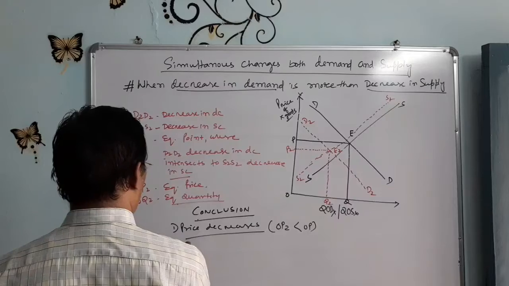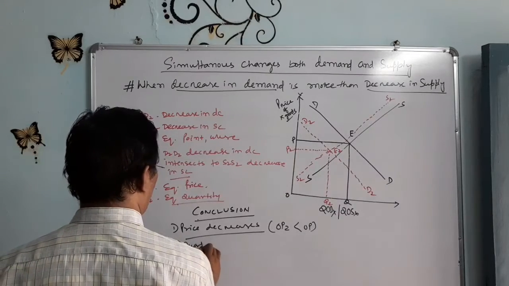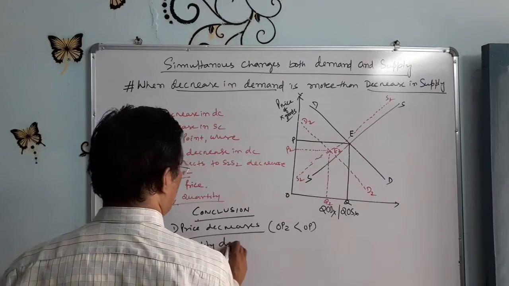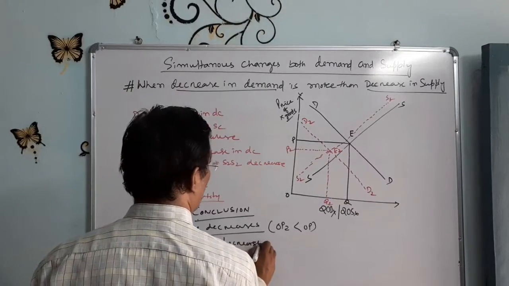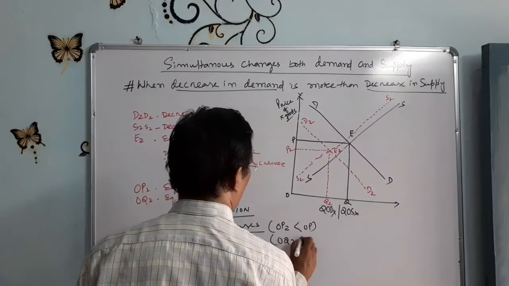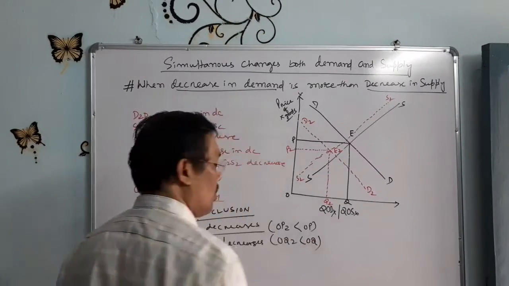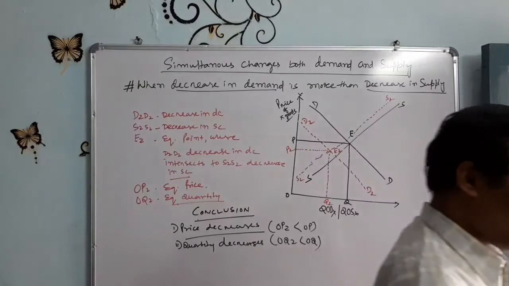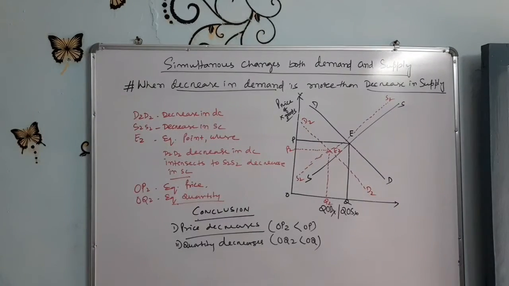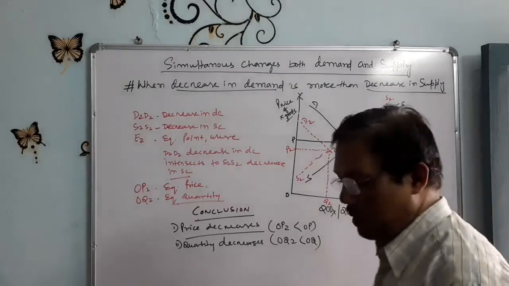Number two, quantity decreases, that is OQ2 is less than OQ. So if the question comes, when decrease in demand is more than decrease in supply, what is the effect on price and quantity? The price decreases and quantity also decreases. Now it is clear: simultaneous change in both demand and supply.